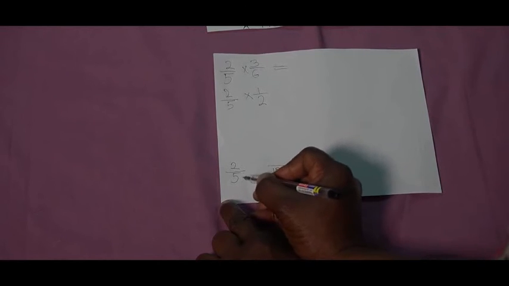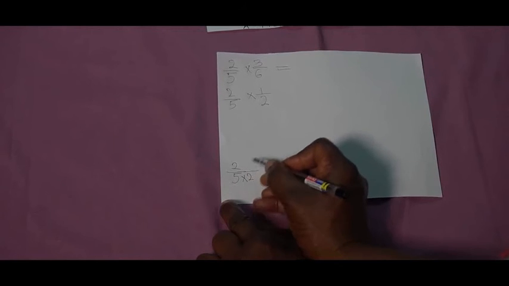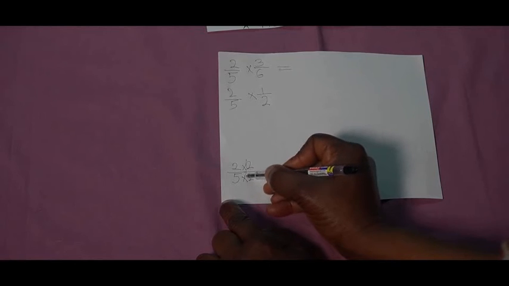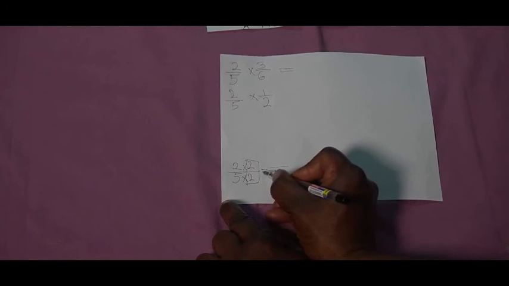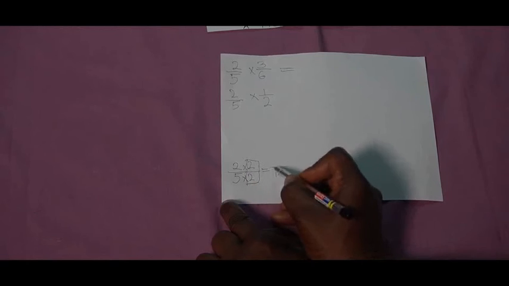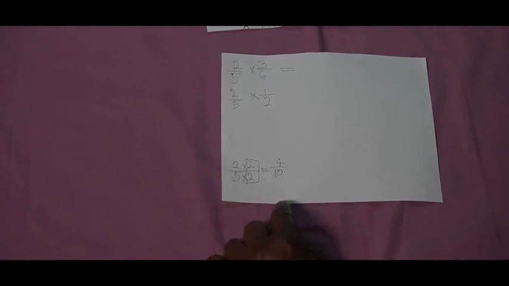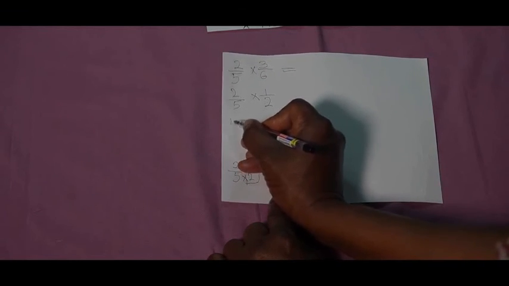I multiply this by 2. And remember, I do the same thing to the numerator. So 2 times 5 equals 10. 2 times 2, 4. So I have 4 tenths.